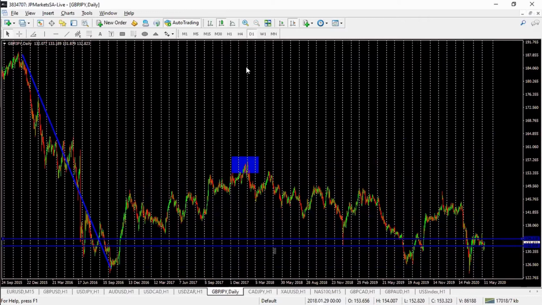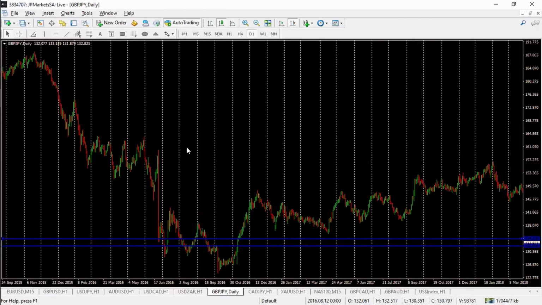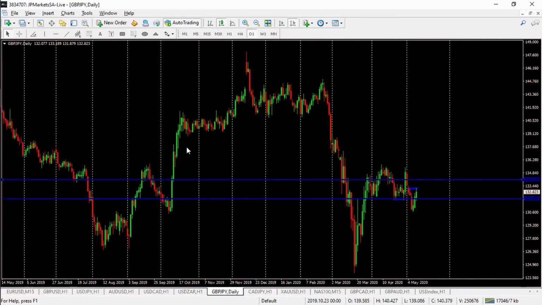But I usually don't go far back into the years. I only usually do it for back testing and to see how the pair has been moving and how it reacts to certain levels, what levels are key levels, what levels are of importance, and what levels I should expect major reactions on.